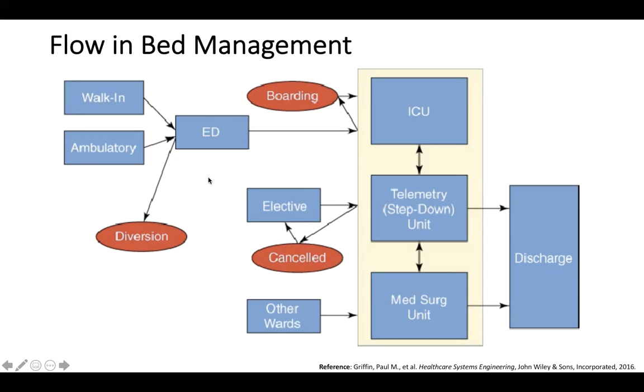It's not about increasing or decreasing the number of beds, but it's more about when a patient has to go from one department to another. When do we have to discharge a patient to release some capacity for other patients that are coming to the system? So it's more about the flow of the patients between these units, or the flow of the beds between these units. So here in this figure, we have the emergency department. People come to the emergency department through walk-in or using ambulances.